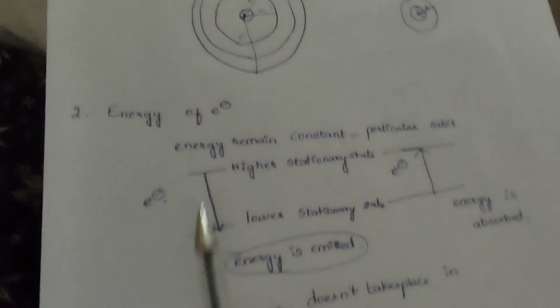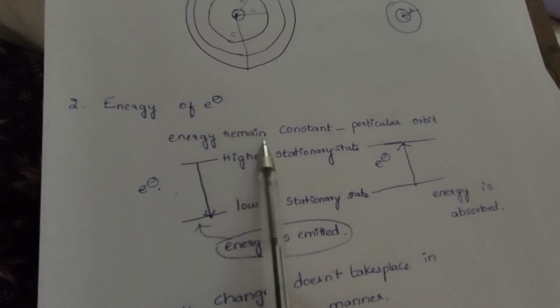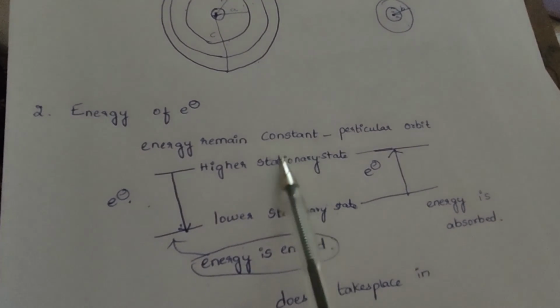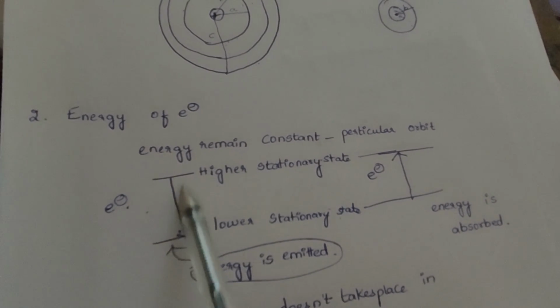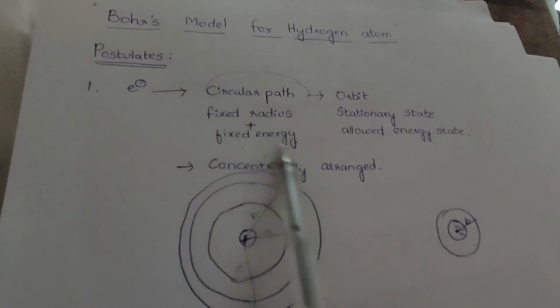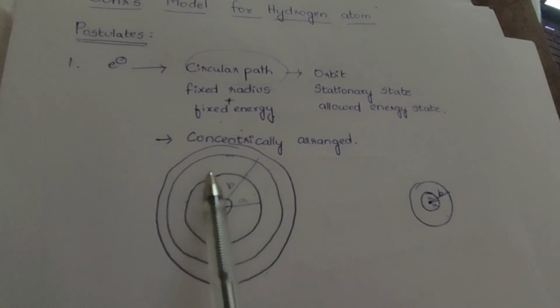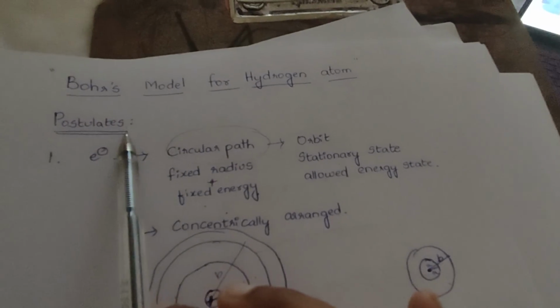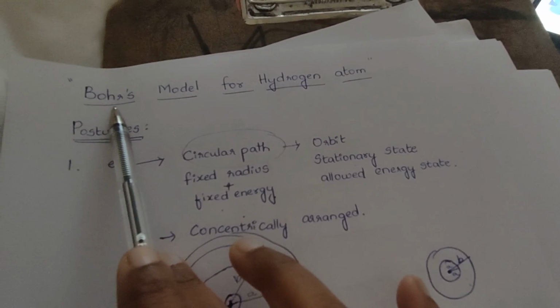And then the second postulate, energy remains constant in a particular orbit and energy changes when the electronic transition occurs, and the electron moves in a circular path around the nucleus. These are the four postulates given by Bohr.